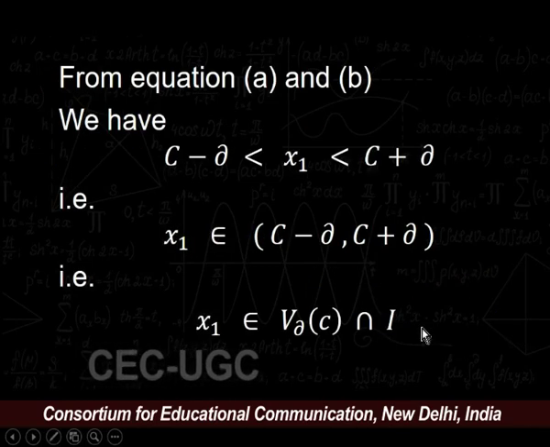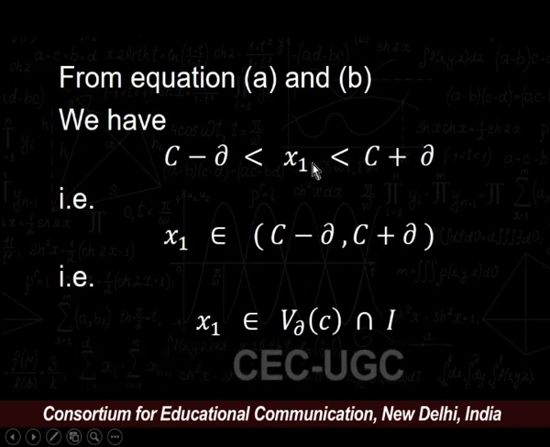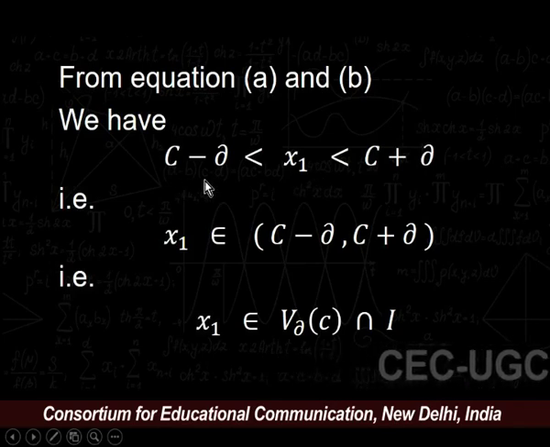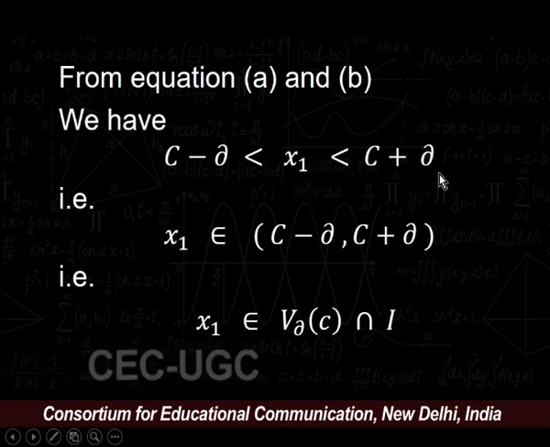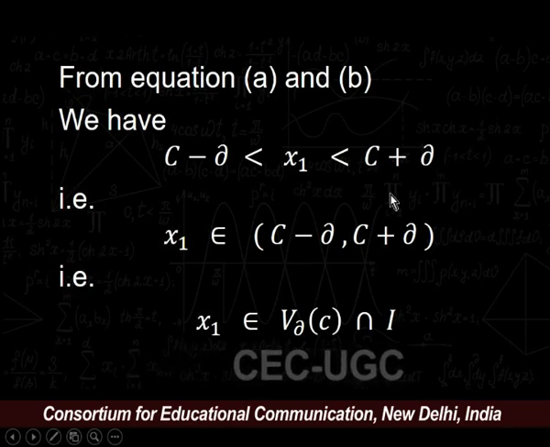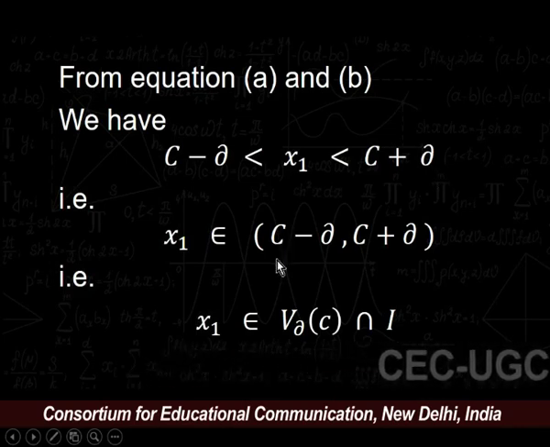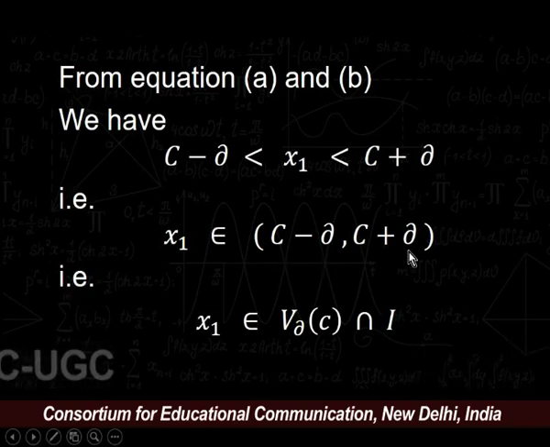So from statement A and statement B, we get c minus delta is strictly less than x1 and x1 is strictly less than c plus delta. That means x1 belongs to the open interval (c minus delta, c plus delta).